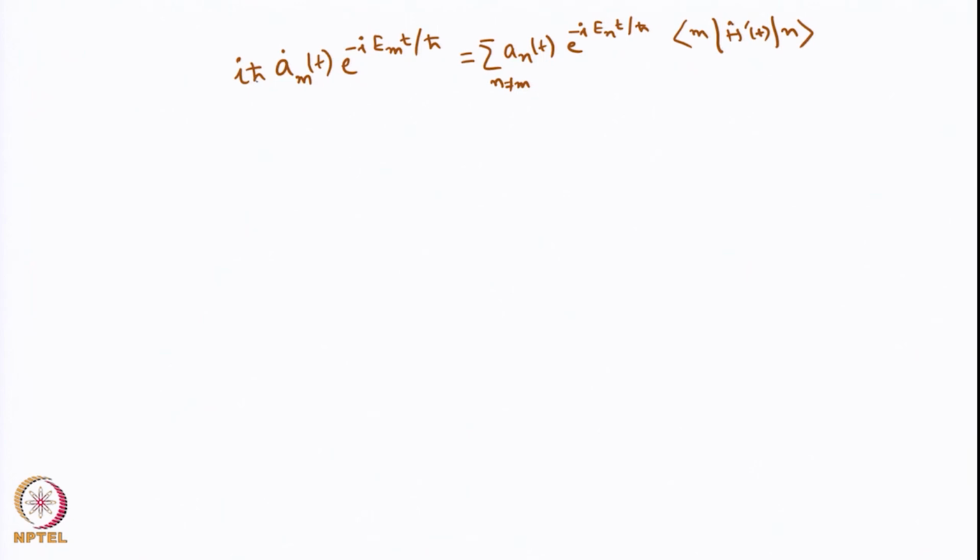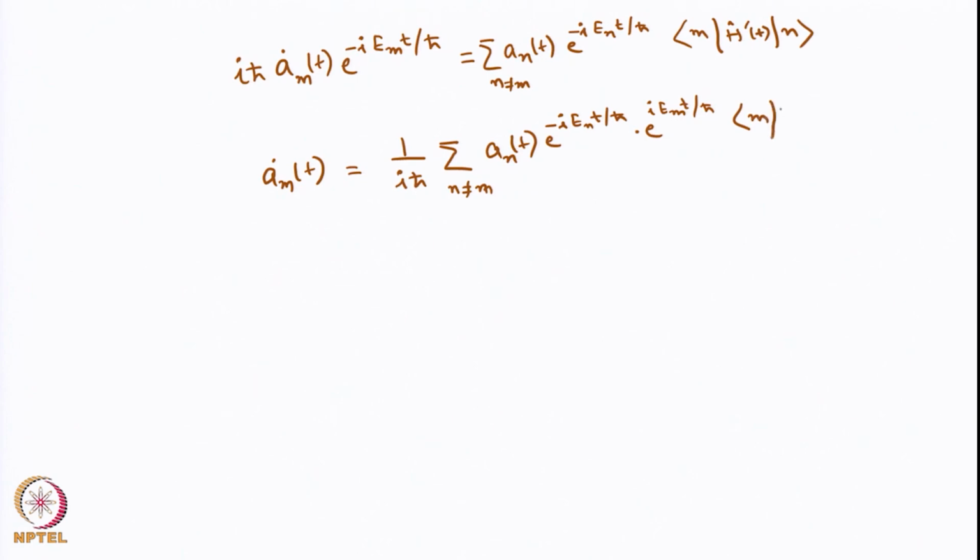So, iħ times ȧ_m(t), if I take the other side, becomes equal to 1 over iħ, sum over n not equal to m of a_n(t) e to the power of minus i E_n t by ħ into e to the power of i E_m t by ħ, times ⟨m|H'(t)|n⟩.